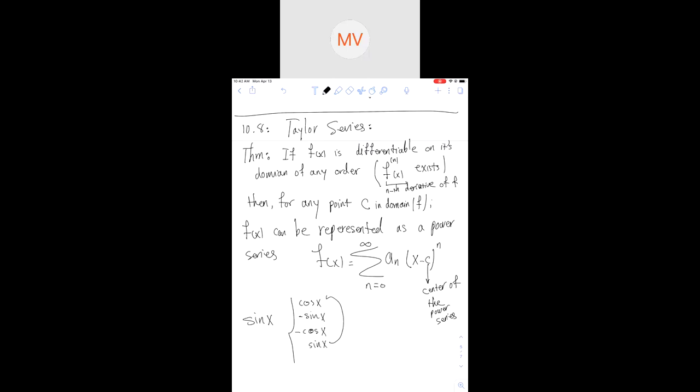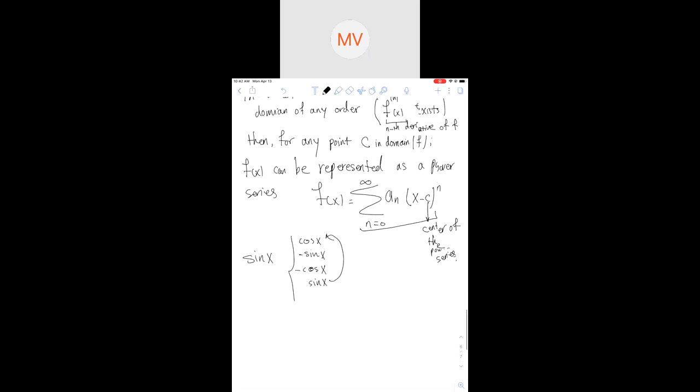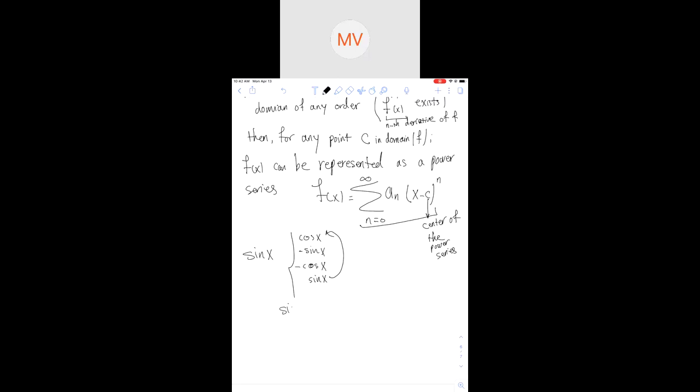And then this loop goes forever. So it has derivatives of any order. Now, by this theorem, sine of x can be written as a summation of infinitely many terms. And these terms are specific terms. In fact, they're powers of x. Like, how is that even possible? Right? So sine of x.